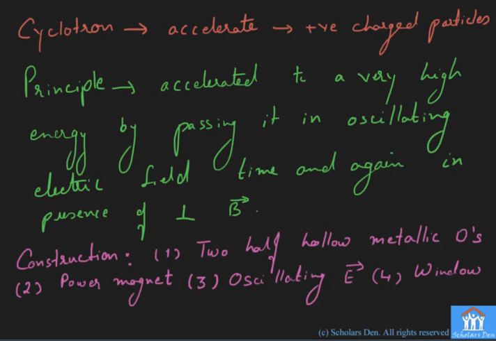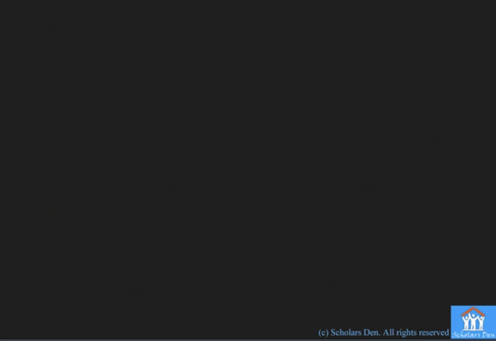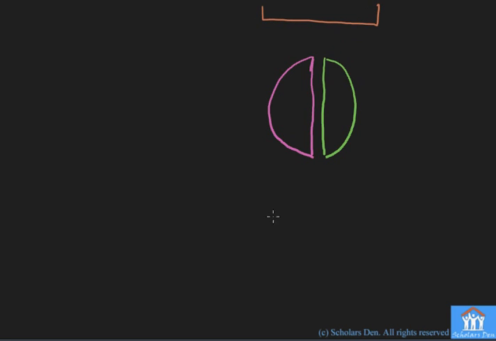Now, how are we going to draw the diagram for this? The 2 half Ds, we make in this way. This is your first half D, and this is your second half D. Now this is your perpendicular magnetic field, with the north pole here and the south pole here.